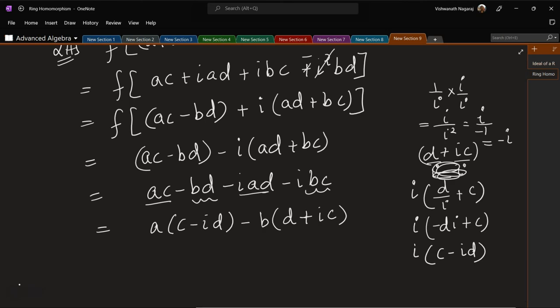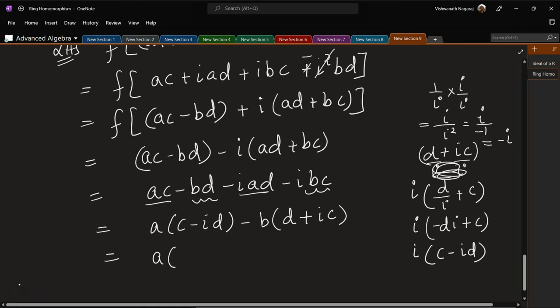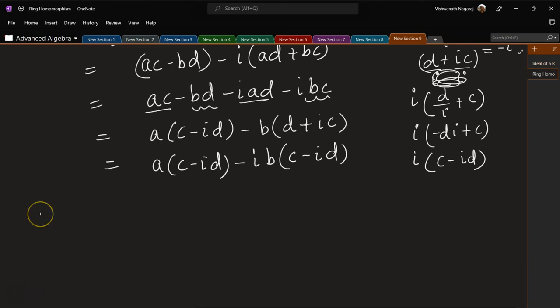So which means here what we have to do is A times C minus iD, minus i, we have to take it out. So iB times C minus iD. This is the trickiest part. And now this and this is common to both the terms.